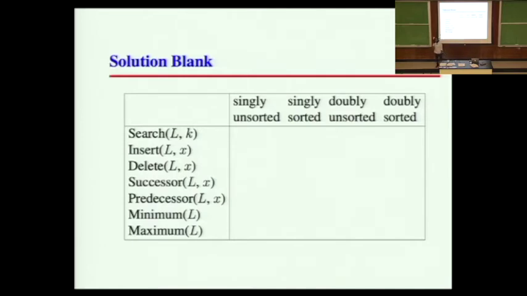So you have to look for it. Insert, does it become order n or can you still do order 1? Insert, you could still do order 1, because if you're inserting something, you can check in order 1 whether it's the new minimum, update it, and just put it in the front of the list.